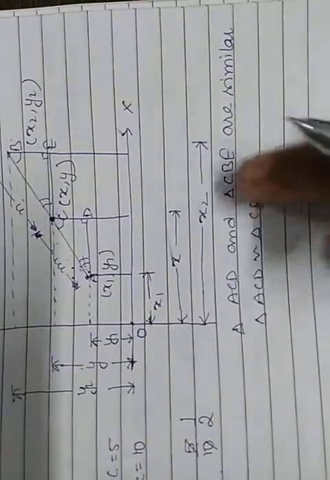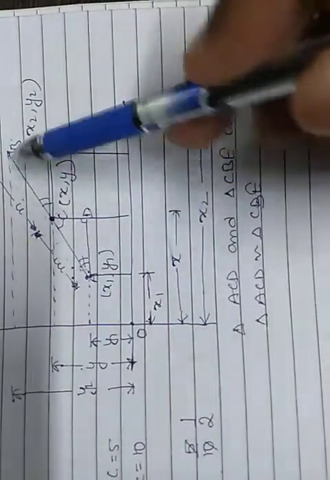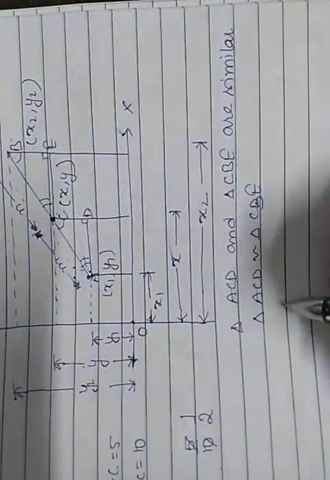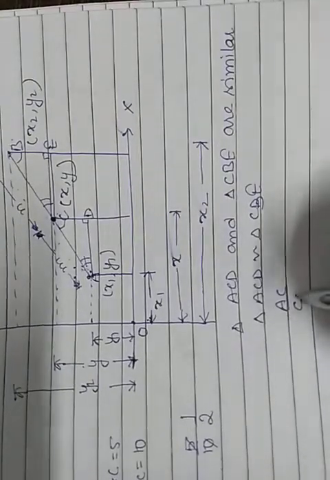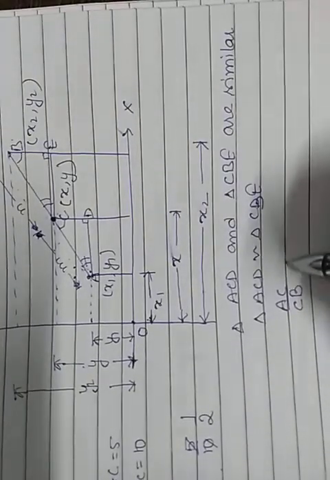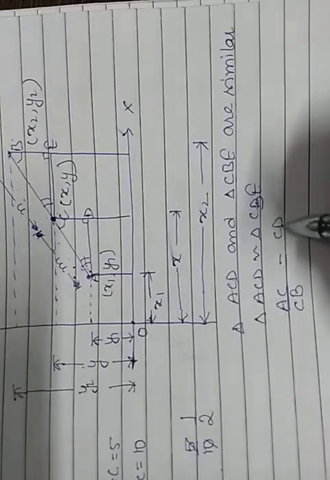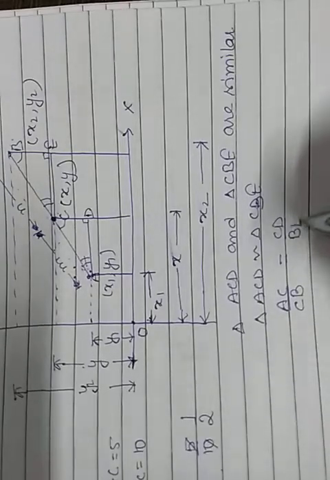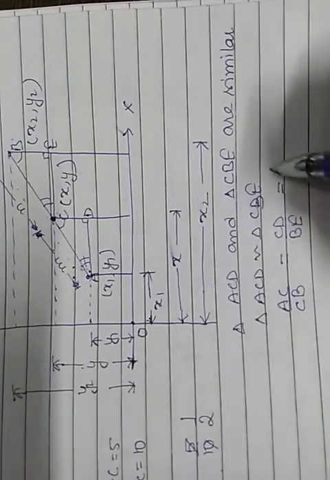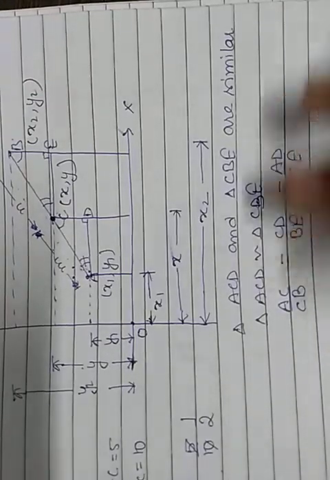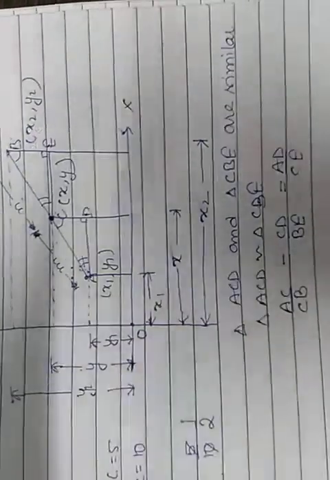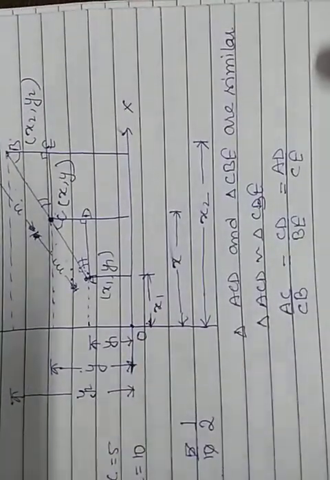Now the ratio of the sides, that is AC upon CB, is equal to CD upon BE, is equal to AD upon CE. The ratios are equal. I told you according to the concept of similarity.